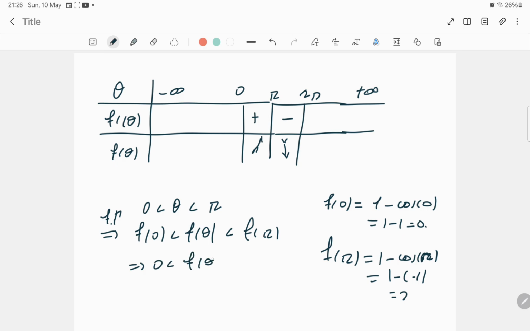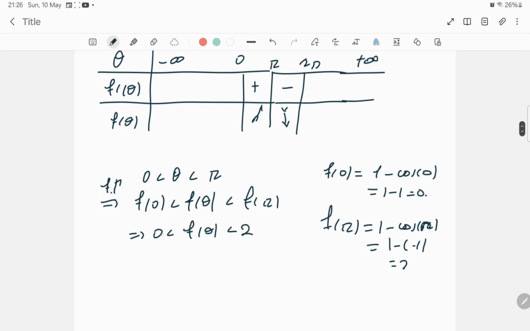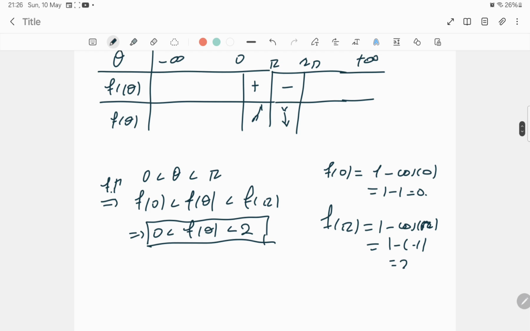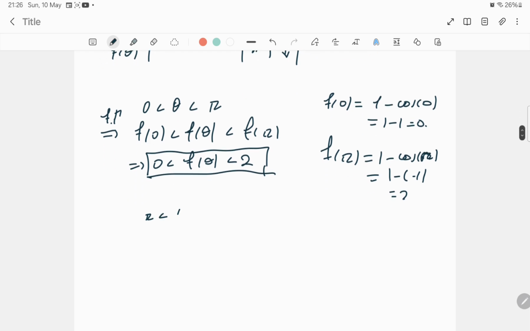So my function is between 0 and 2, so it's bigger than 0 and less than 2. It is a positive function.